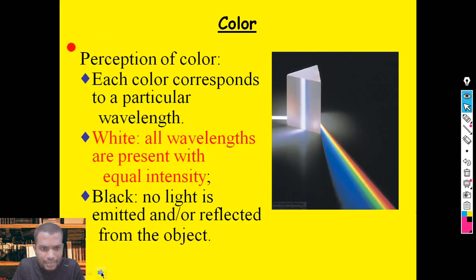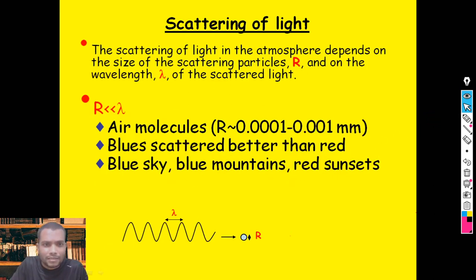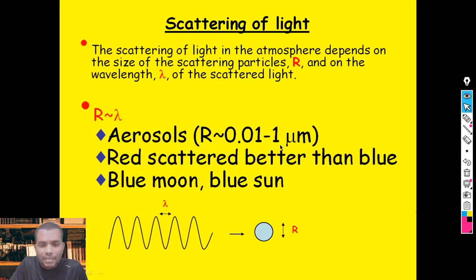Suppose we take particles smaller than that. Sometimes we see the blue sky or the blue moon and the blue sun. The sky appears blue in color, and that is because of the scattering. The scattering particles are of very small size, 1 micrometer.